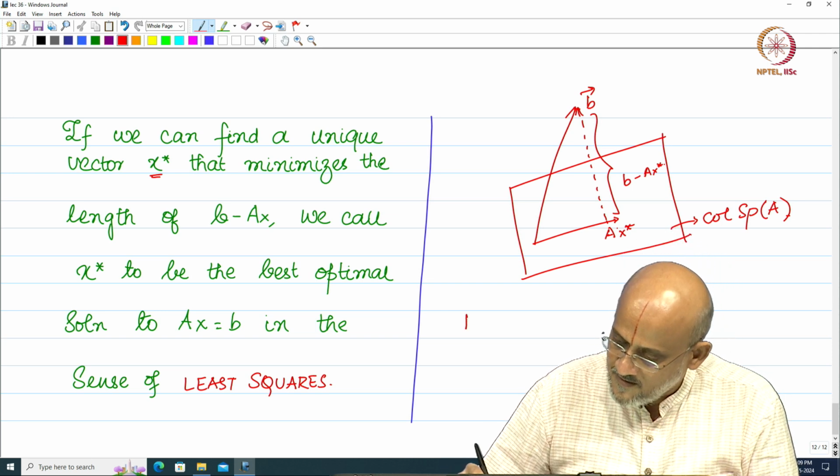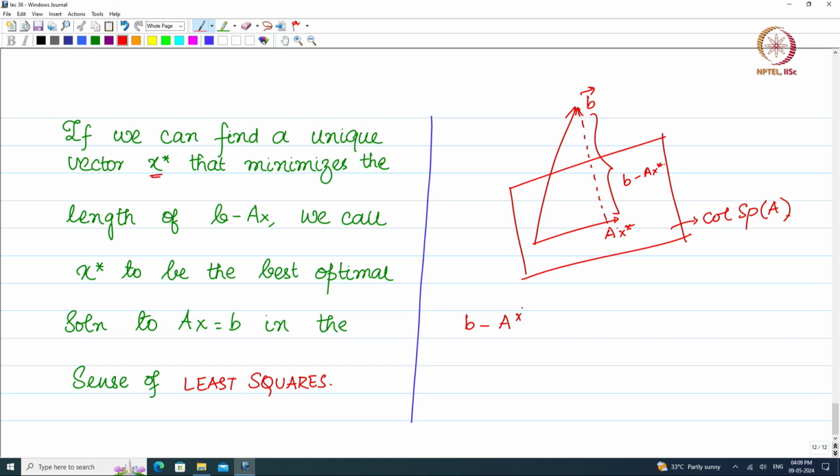Let us take this B minus Ax. The length of B minus Ax is the smallest when Ax, which we will call Ax star, is the orthogonal projection.